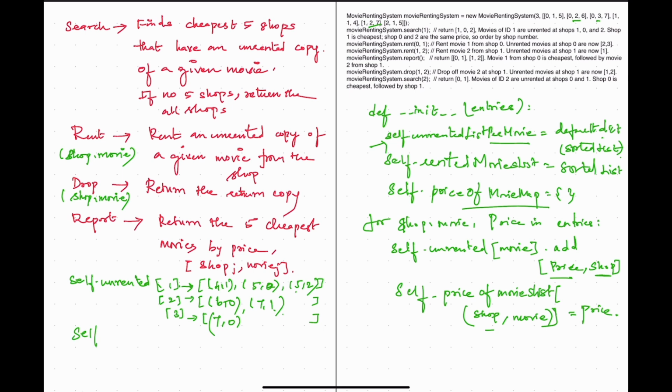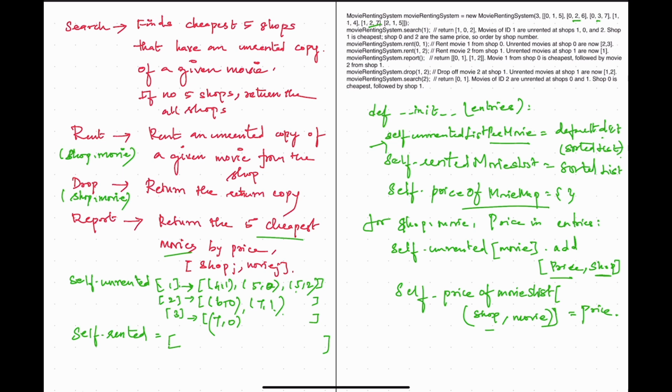Self.rented we will have as one sorted list, because we can return the 5 cheapest movies by price. It's not based on a specific shop or a specific movie. So we can return any 5 cheapest.